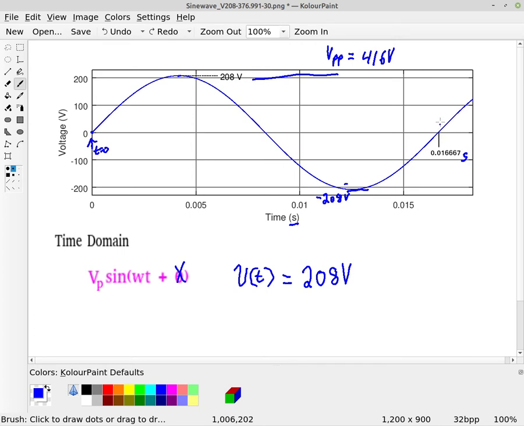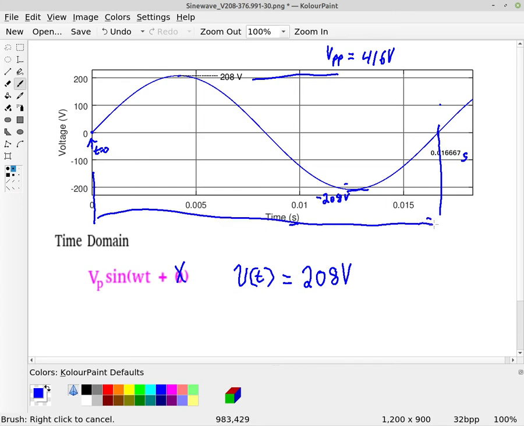So that is one complete cycle. So from this point here and where it first crossed 0, which in this case was time t equals 0, that is the period. So we usually use a capital T. So a capital T indicates the period.